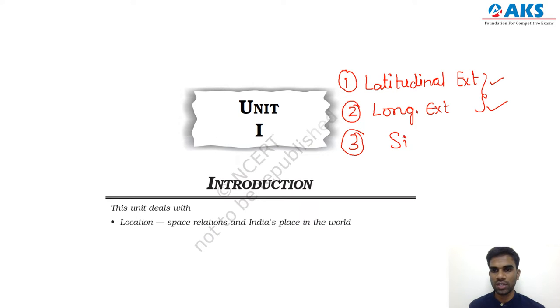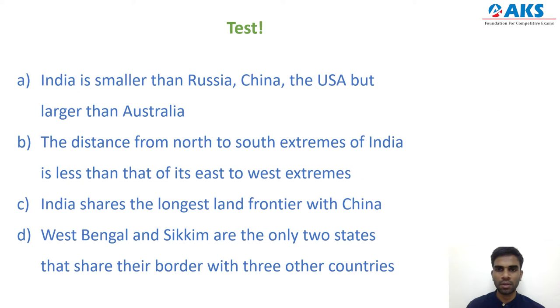Third, size of India and its location. Fourth, neighbors of India. What are the countries that share a border with India and what are the different countries that are located around India? So in chapter 1, these are the 4 things that are mainly discussed.